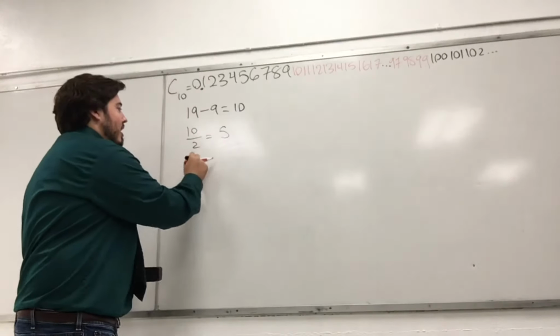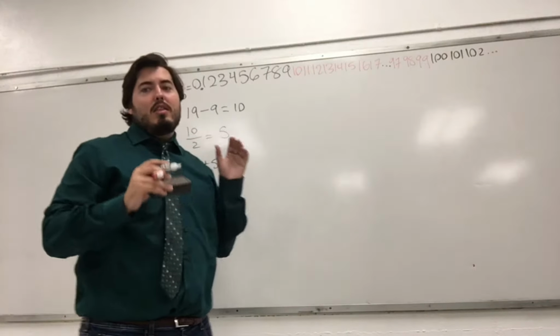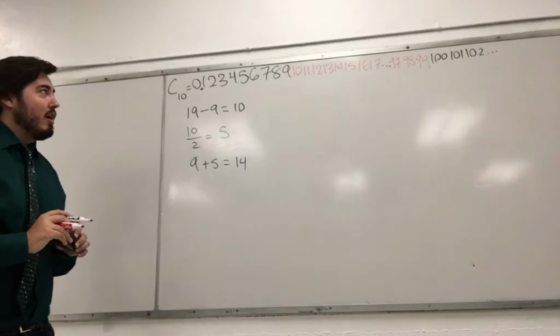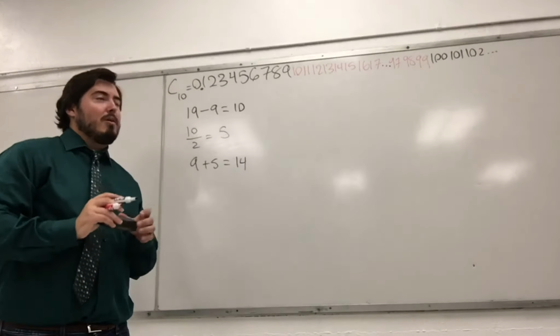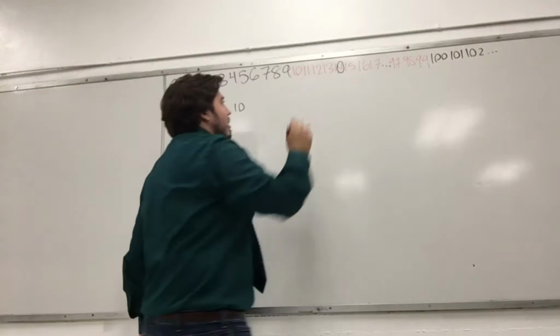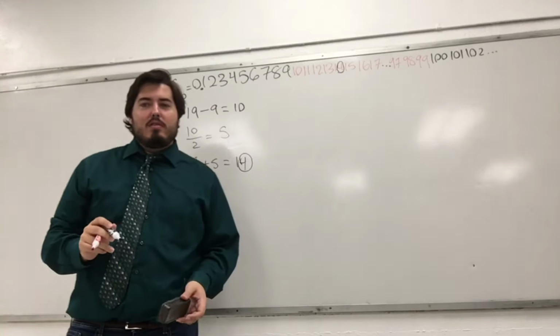So I know that I am 5 numbers past 9 in this series, which gives me 14. So I know now that the 19th digit in the Champernowne constant is this 4, the last digit of the number that I get here.